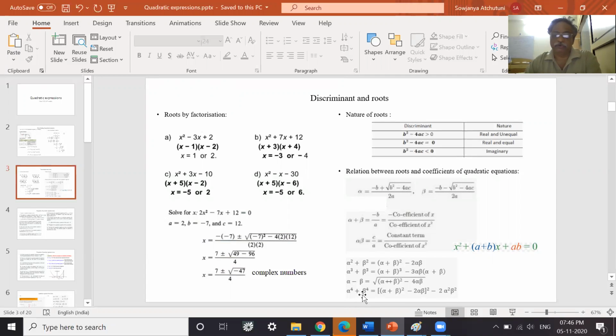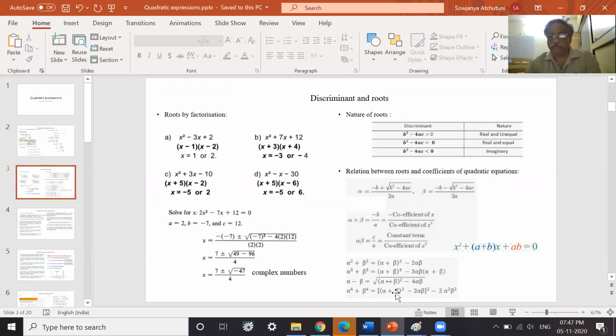Again, alpha to the power of 4 plus beta to the power of 4. This is nothing but alpha square plus beta square whole square minus 2 alpha square beta square, where alpha square plus beta square is alpha plus beta whole square minus 2 alpha beta. Here I have converted this into alpha plus beta and alpha beta. That is the requirement, so that I can find out this value. If we expand this, alpha square plus beta square plus 2 alpha beta, these two get cancelled.